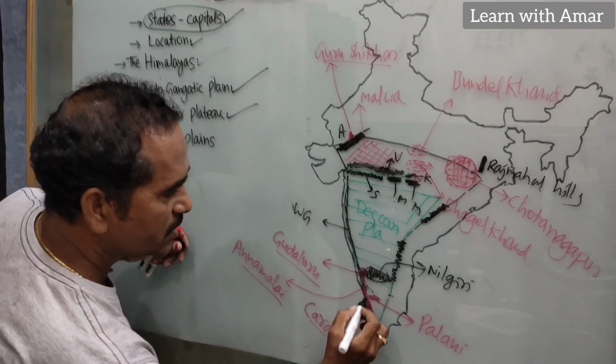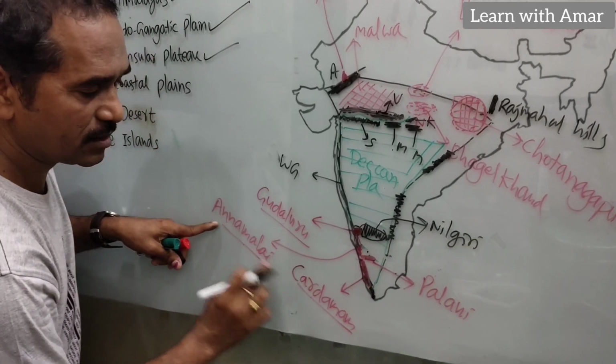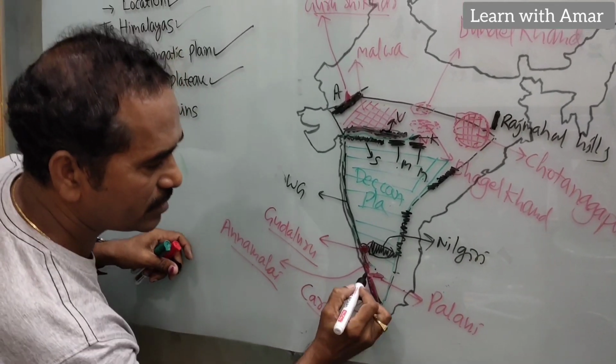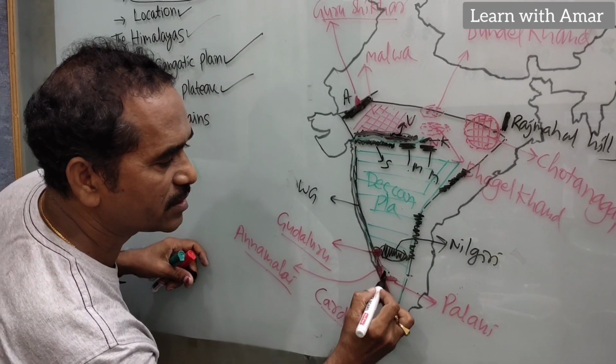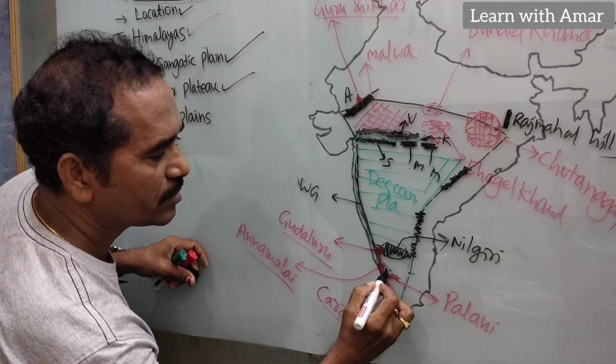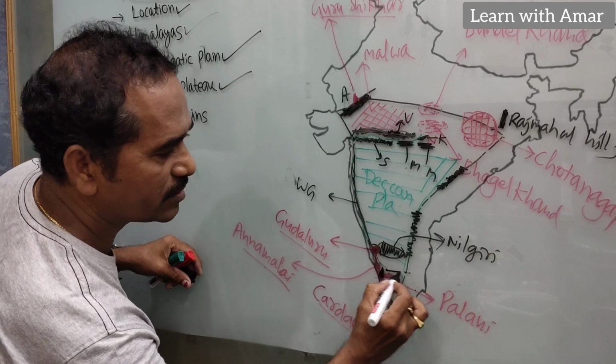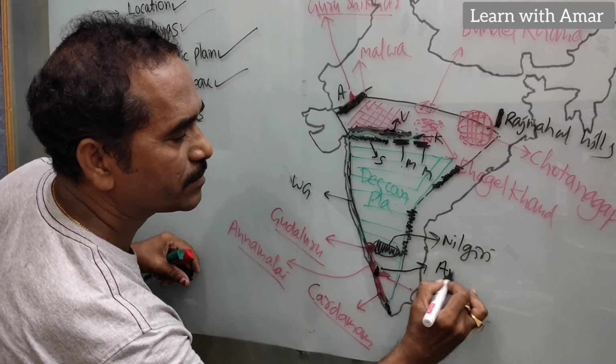Here, where these three, Annamalai, Cardamom and Palani Hills, meet, at this point we see the highest peak in the Western Ghats.